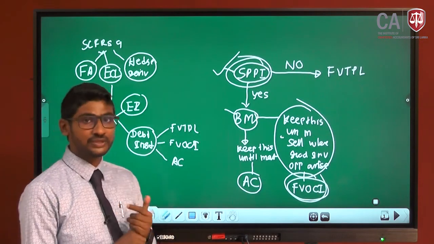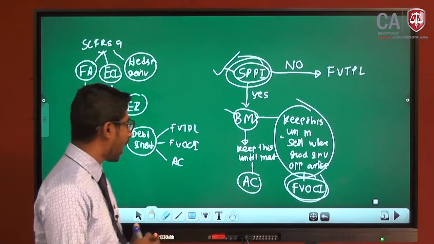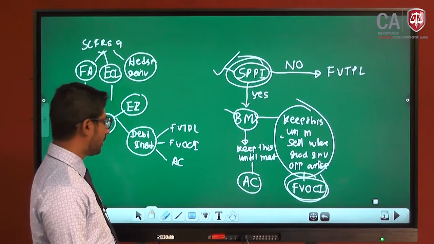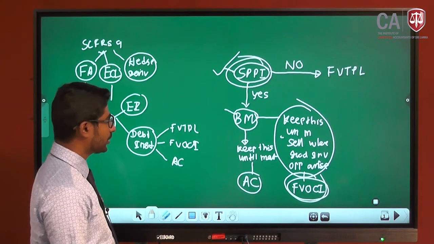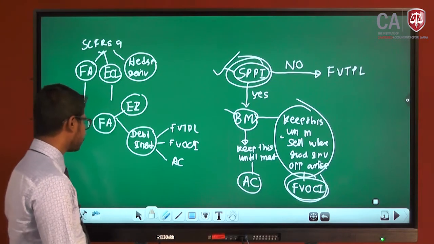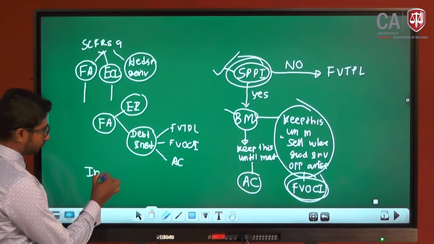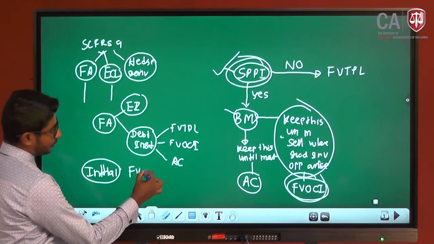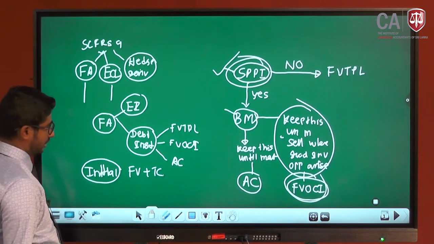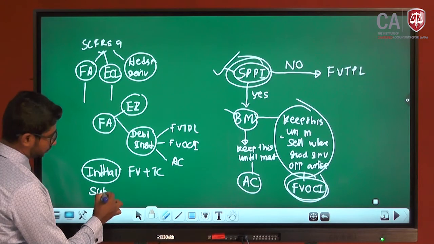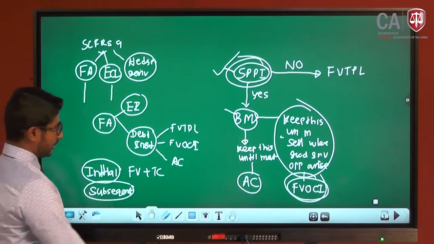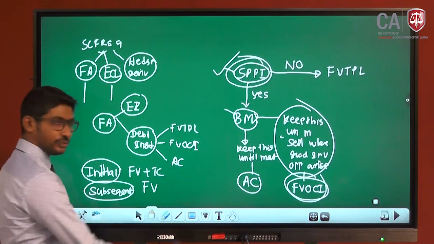Now the problem is, when we classify as fair value through OCI, how does the measurement go? Normally, initial measurement is fair value plus transaction cost, right? And subsequently, it should be at fair value.